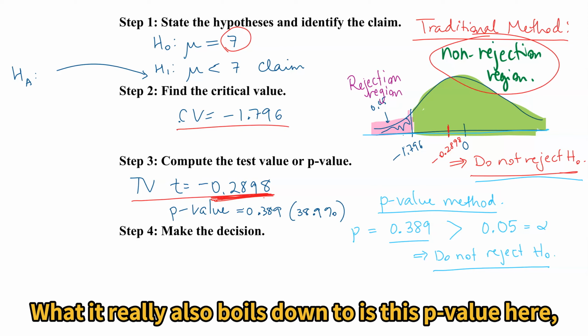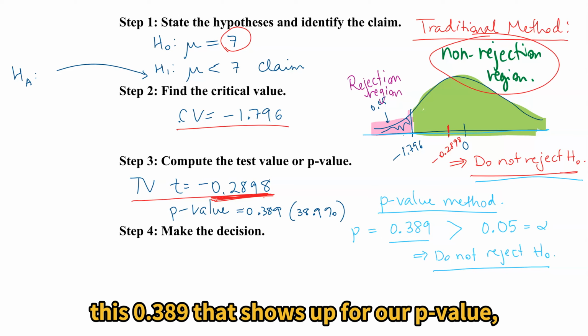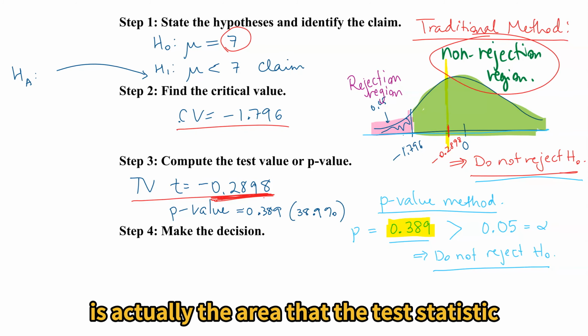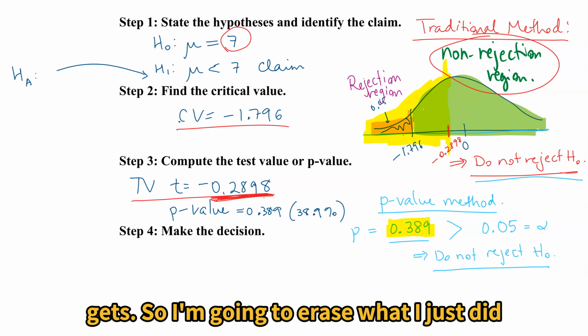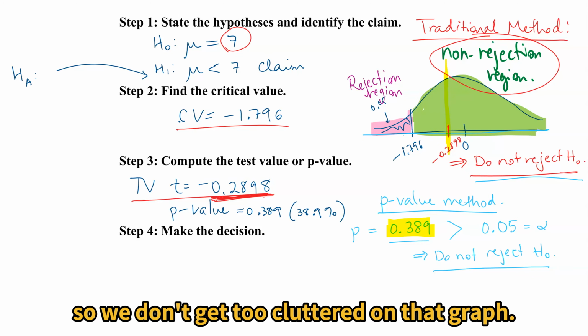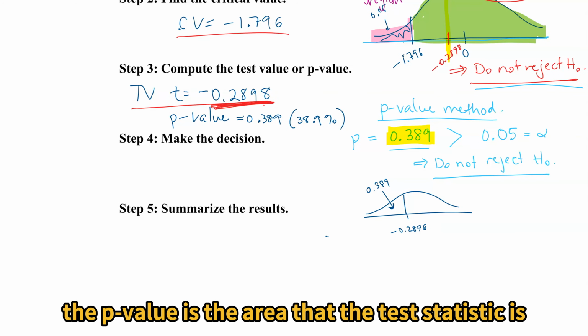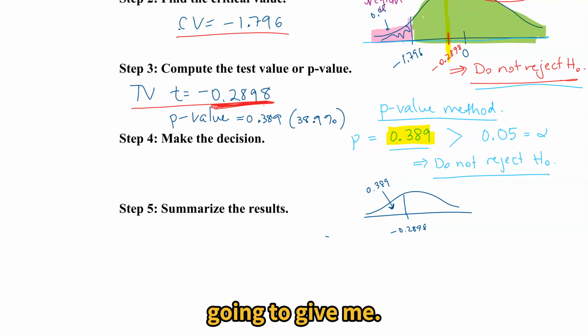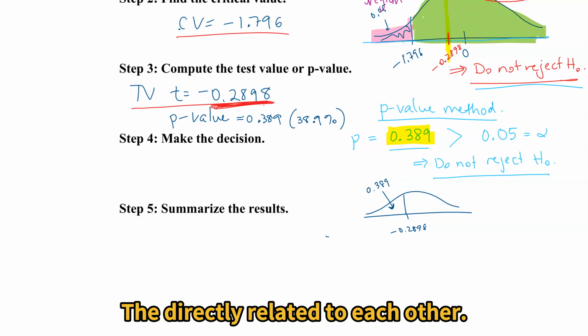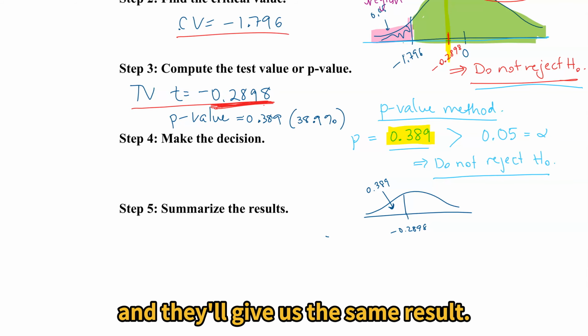What it really boils down to is that this p-value, 0.389, is actually the area that the test statistic gives. So I'm going to erase what I just did so we don't get too cluttered on that graph. This 0.389, and negative 0.289, the p-value is the area that the test statistic is going to give me. They're directly related to each other, and that's why we can use either of them and they'll give us the same result.